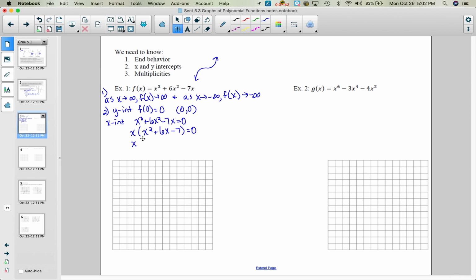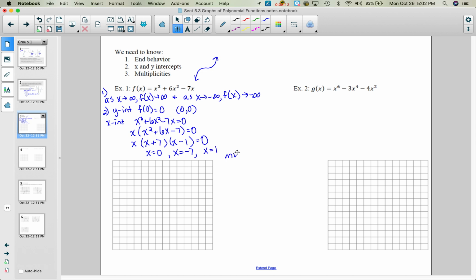And then you can do a diamond problem here, and we're going to end up with a positive 7 and a negative 1, because the outside would be a negative 7, and then a plus 7x and a minus x gives you the plus 6x in the middle. So my zeros: x equals 0, x equals negative 7, x equals 1.